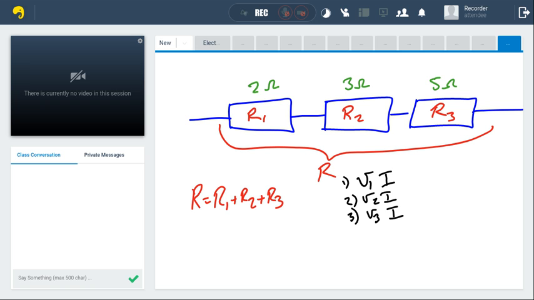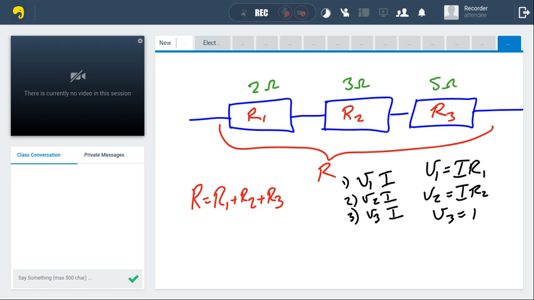Now I know that R is equal to V over I. All right, I know that R is equal to V over I. If we go across, I would know that V1 is equal to I R1. I would know that V2 is equal to I R2.